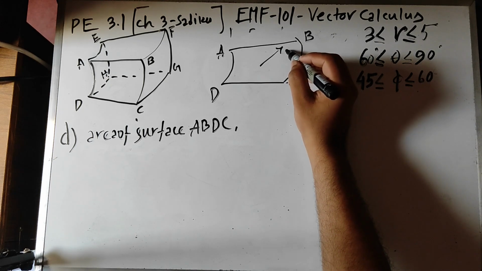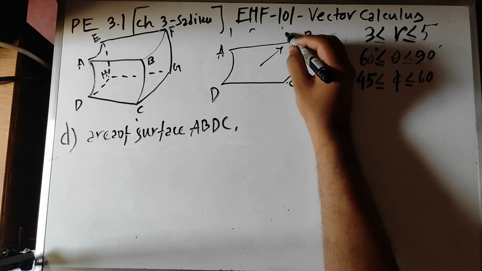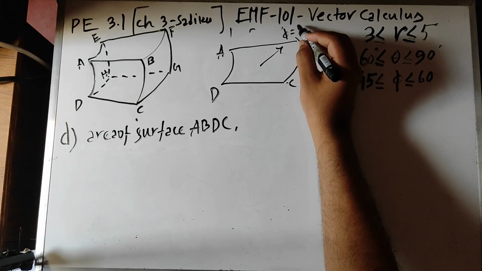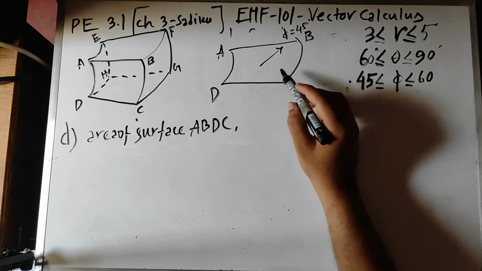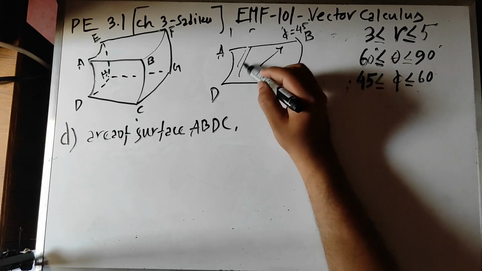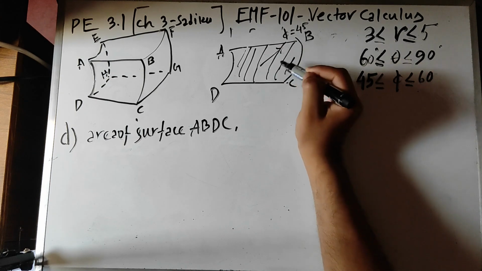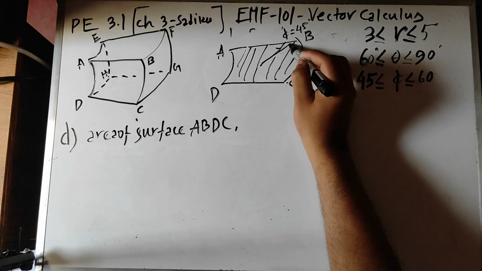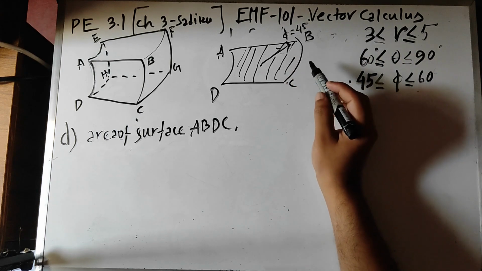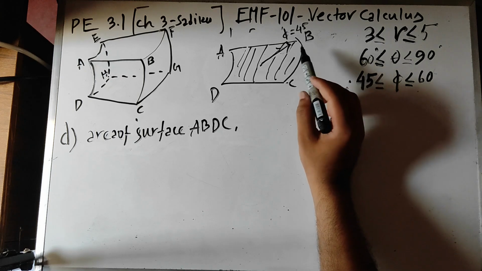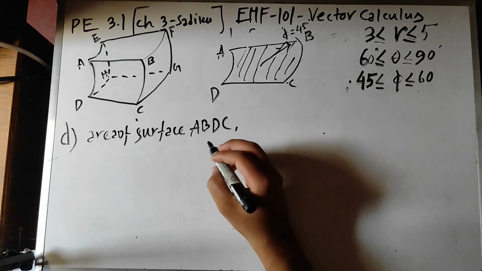This is basically the surface phi equals 45. So we have to find the area.